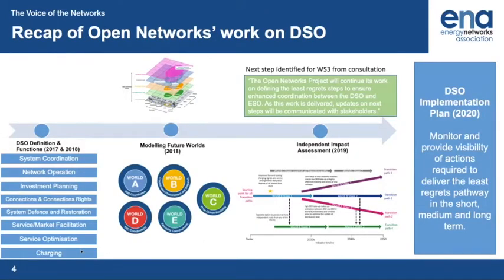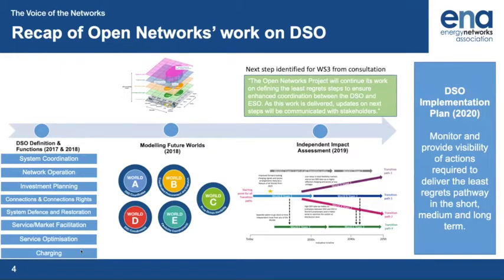Just to give you a recap of Open Networks' work on distribution system operation that's culminated in this implementation plan. Beginning way back in 2017, Open Networks worked to define what distribution system operation is and the functions and activities particularly associated with networks that will be undertaken under that.